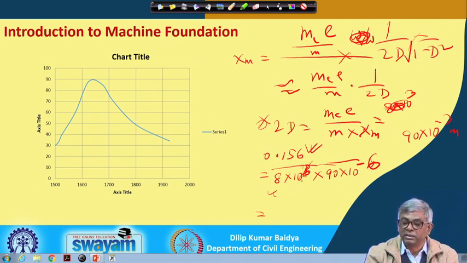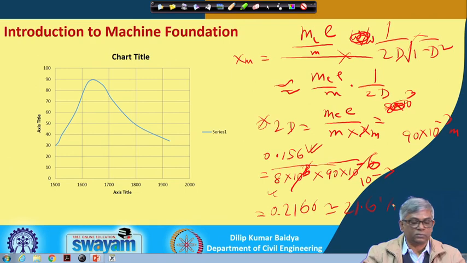So these cancel and there will be 10 to the power minus 3. So 0.156 multiplied by 1000 divided by 8 divided by 90 becomes 0.2166.